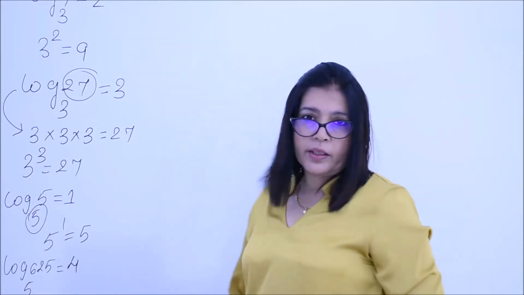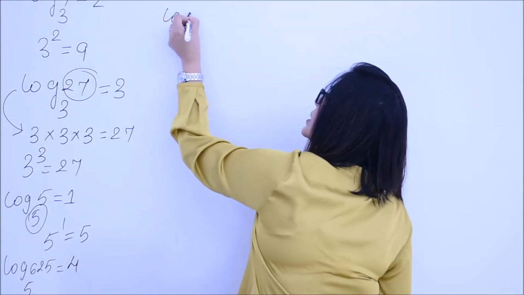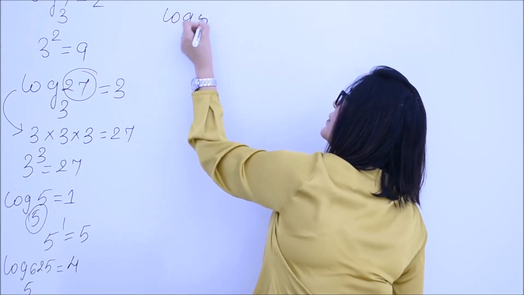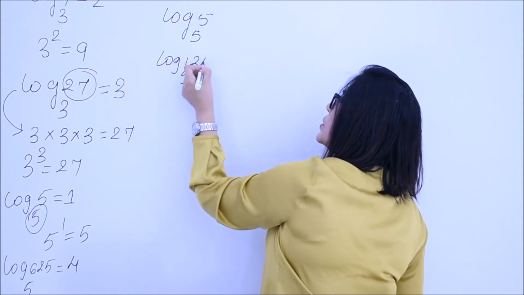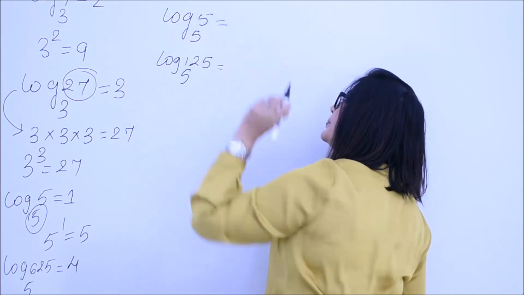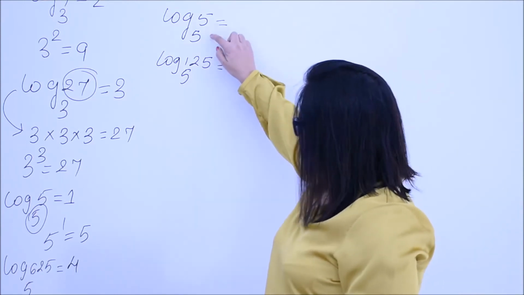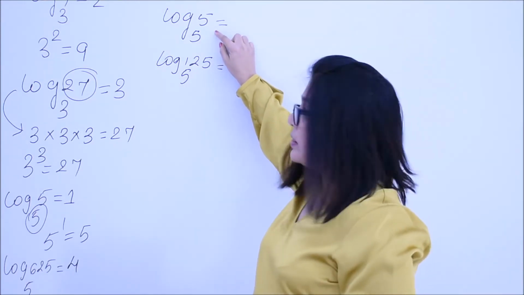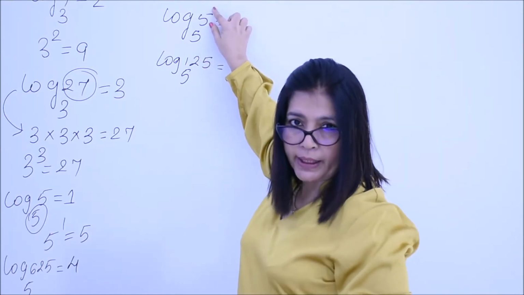Now what if I give you, let's say, two equations, log to the base 5 of 5 and log to the base 5 of 125. Over here, I know that the growth rate is 5, final result is 5, means I am not going anywhere.